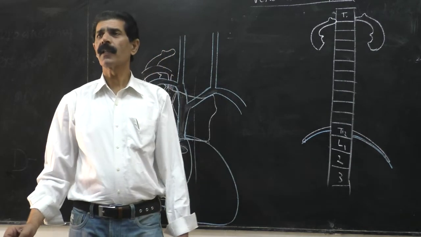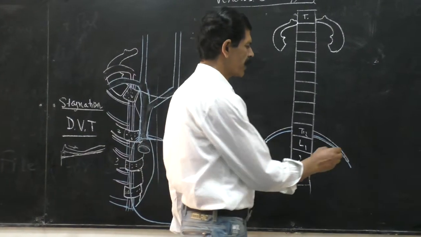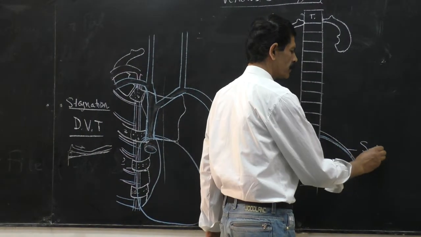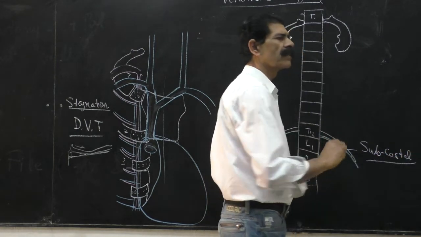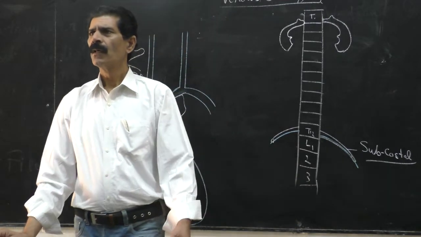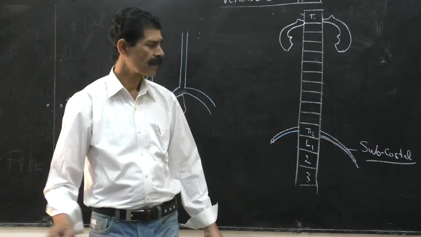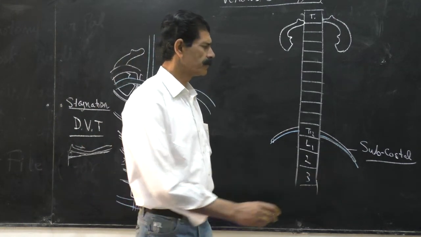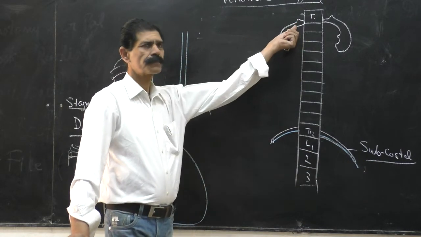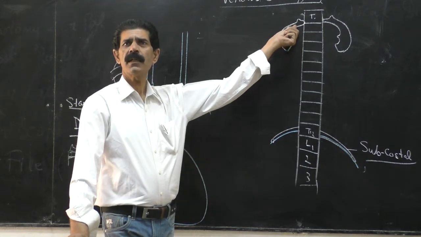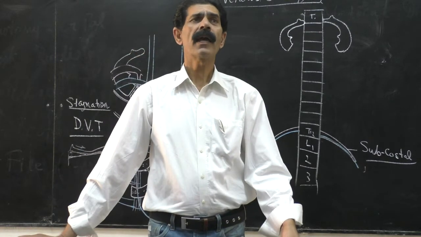And the vein relation of the last rib is called the subcostal. A special word we are using for the 12th rib is the subcostal. Sub means below, costal means the ribs. Last rib is the 12th. So it is called the subcostal. Subcostal vein, subcostal artery and subcostal nerve. T12. So this subcostal vein, similarly, posteriorly, the first posterior intercostal vein lies in front of the neck of the first rib.